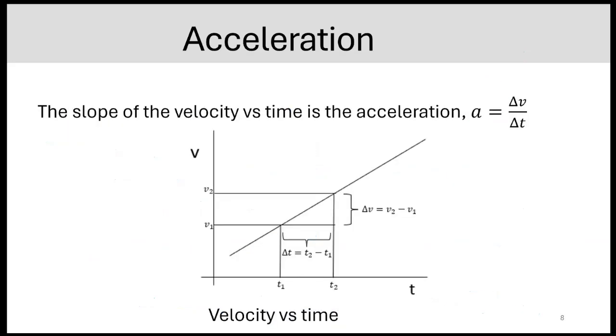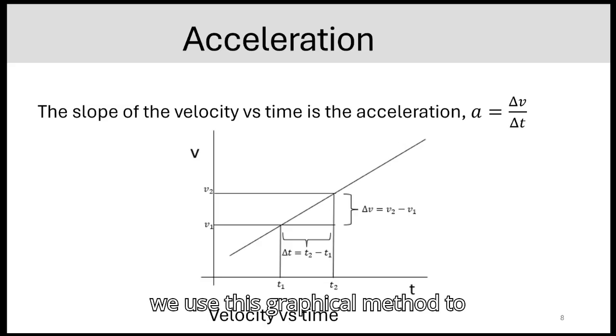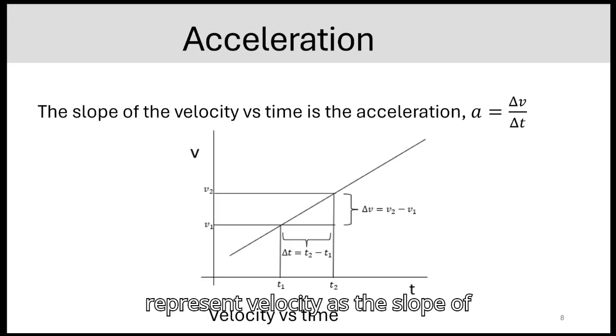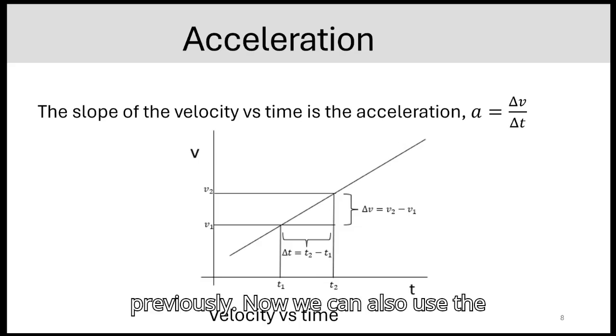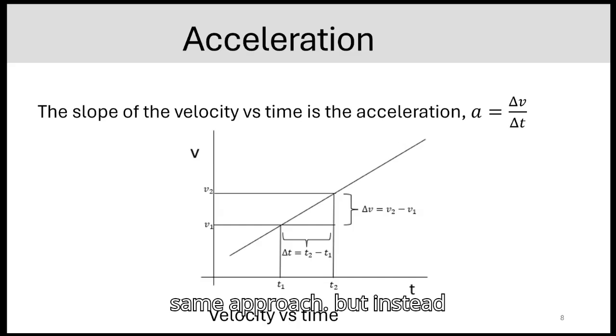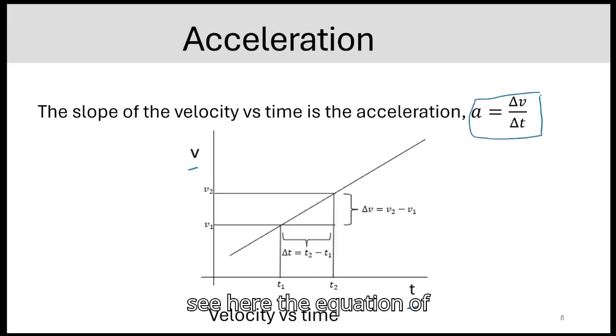And now we use this graphical method to represent velocity as the slope of a position versus time graph previously. Now we can also use the same approach, but instead of creating a position versus time graph, we can plot a velocity versus time graph. And here, the equation of acceleration is change in velocity over change in time.